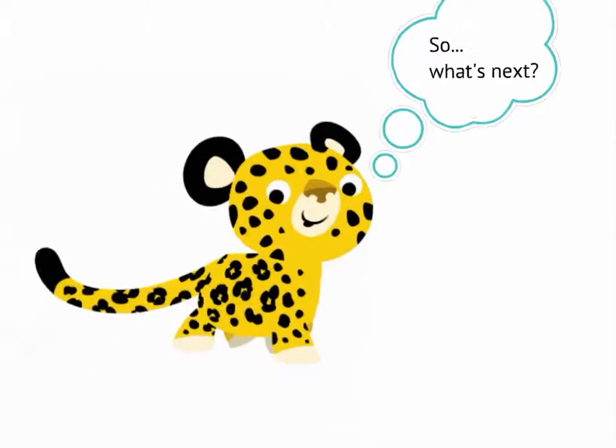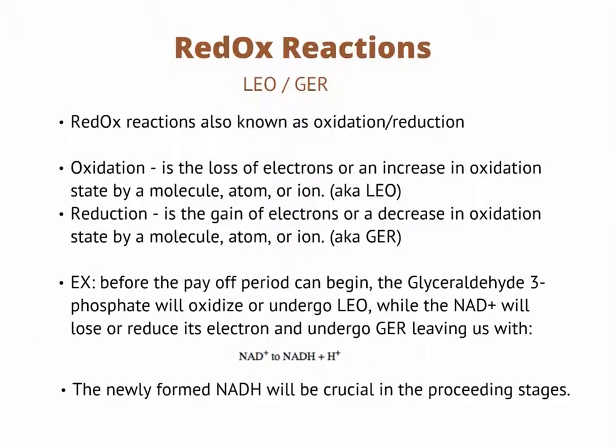So what's next? Then we have the redox reaction. Redox reaction is also known as oxidation-reduction. Basically, they took reduction and oxidation, flipped them backwards, and created redox out of it. Oxidation is the loss of electrons or an increase in oxidation state by a molecule, atom, or ion, also known as LEO.